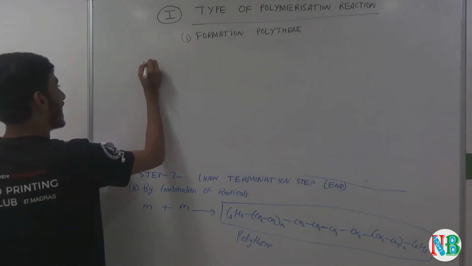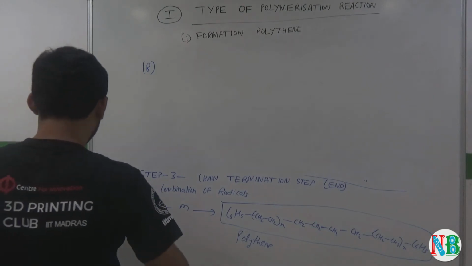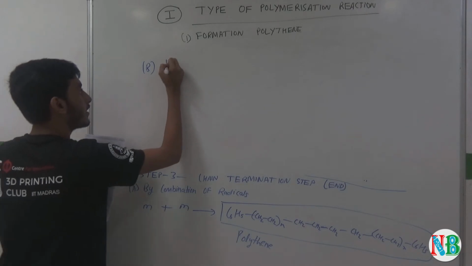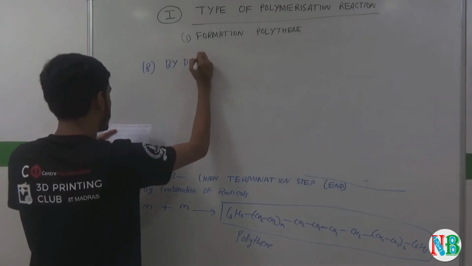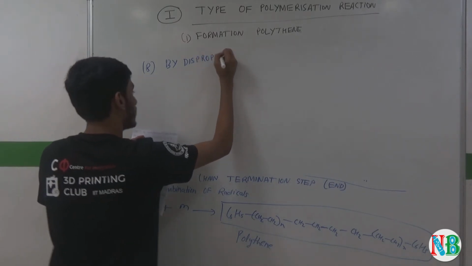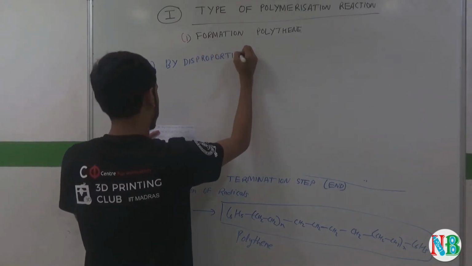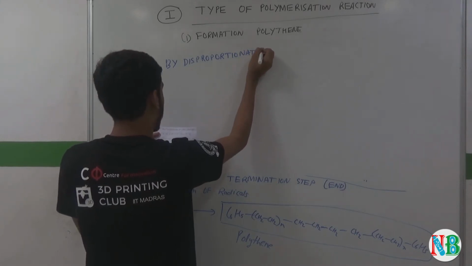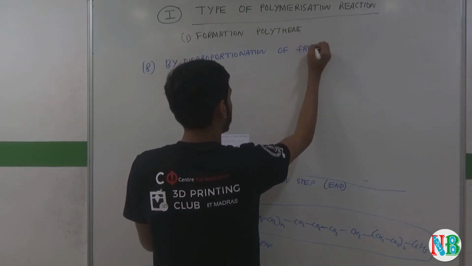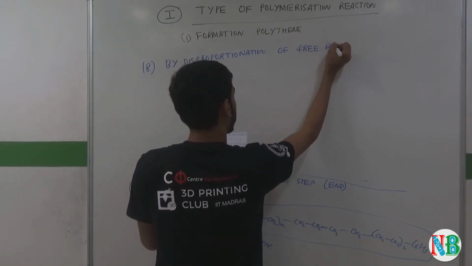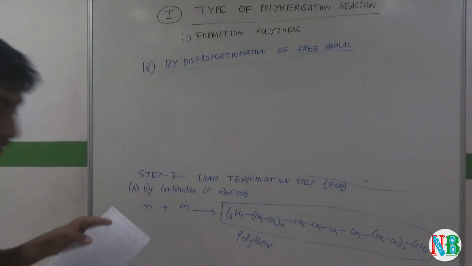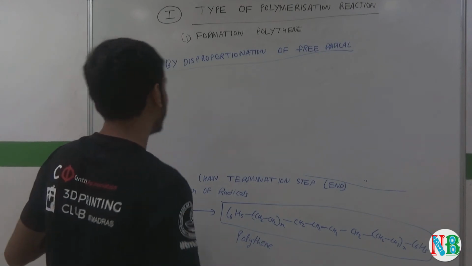Now the second way to end the reaction is by the disproportionation reaction. Disproportionation of your free radical. Now let's see how it happens.